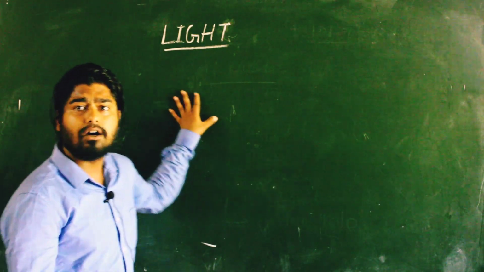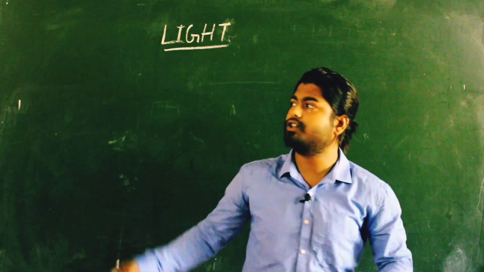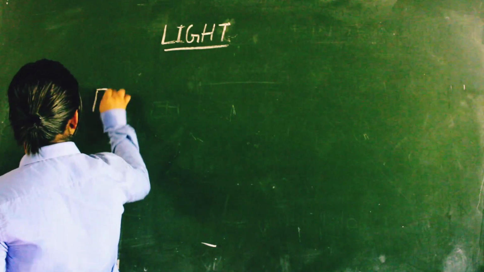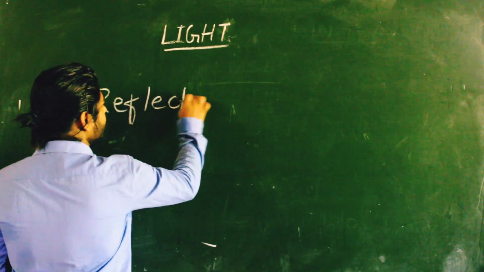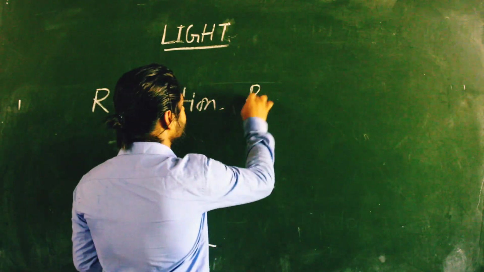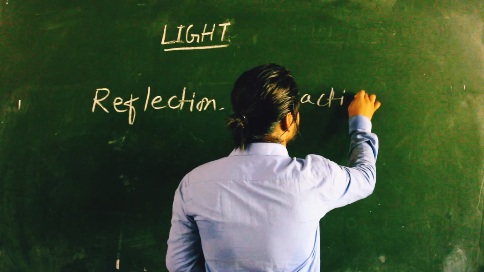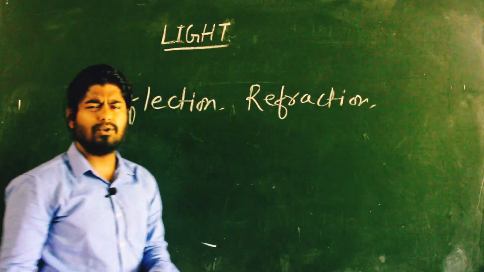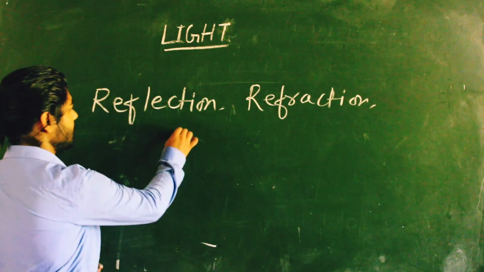So in this chapter of class 10 light, we will be studying three topics. First, it's called reflection. Then we will study refraction. And the third one, which we don't get into much detail for class 10, is diffraction.